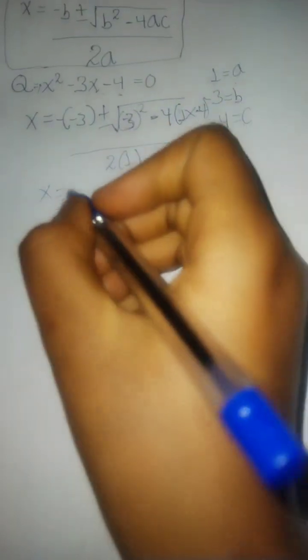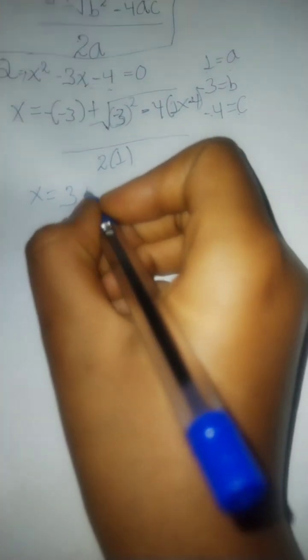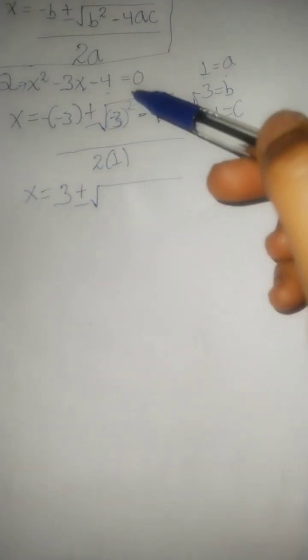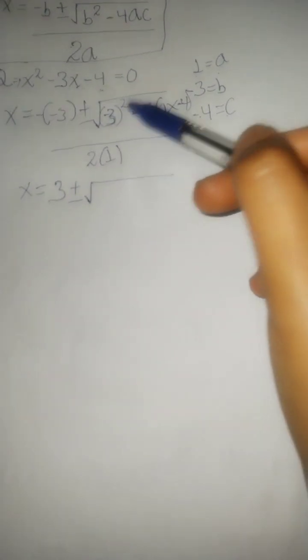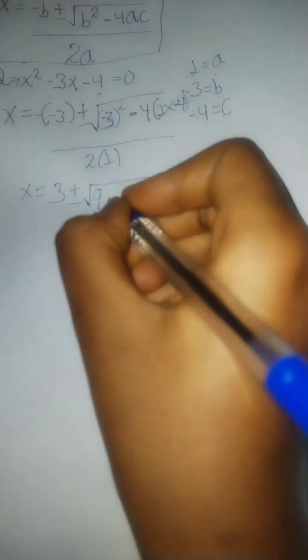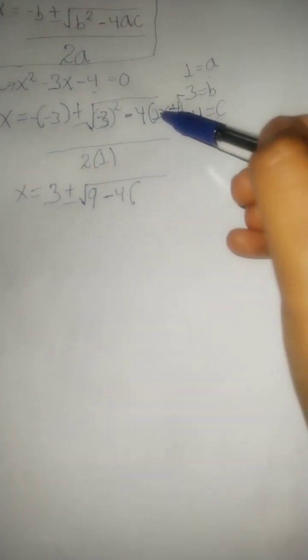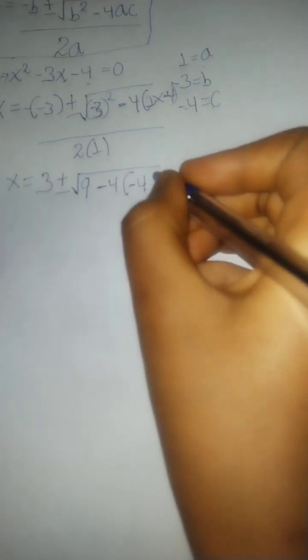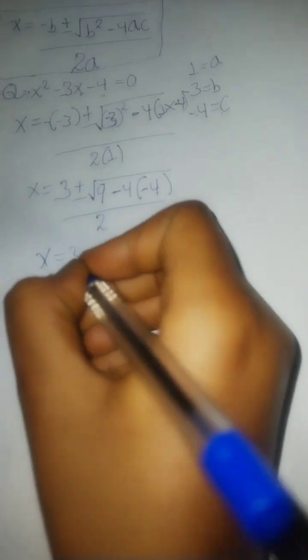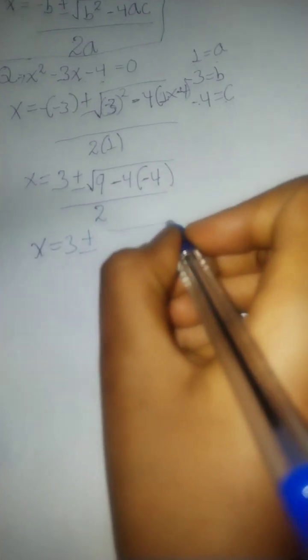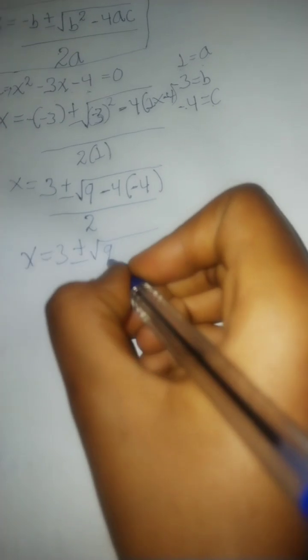Then x equals negative times negative gives us a positive, so positive 3 plus or minus the radical of negative 3 squared, which means 9, minus 4 times 1 times negative 4, over 2 times 1, which is 2. Next, x equals 3 plus or minus the radical of 9.